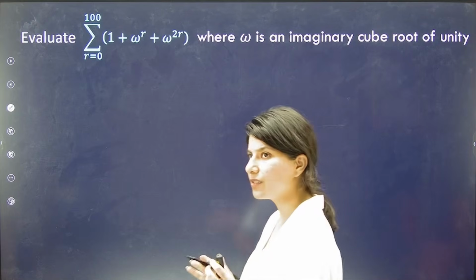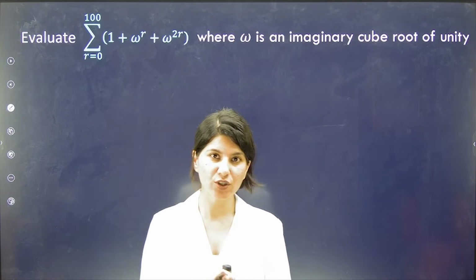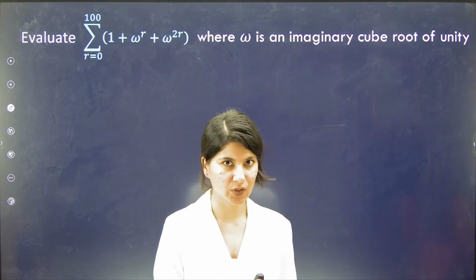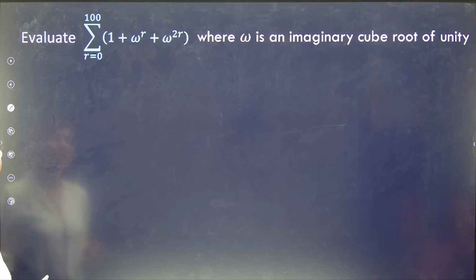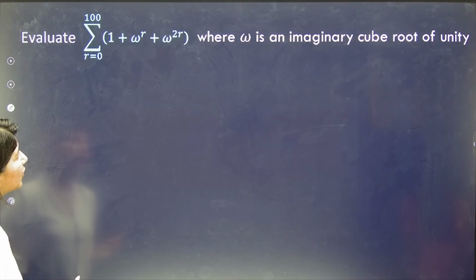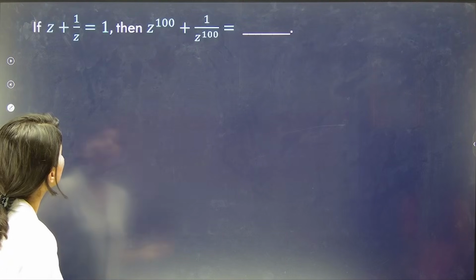Okay, let us do one question on cube roots of unity. Evaluate the sum over r equals 0 to 100 of (1 plus omega power r plus omega power 2r), where omega is an imaginary cube root of unity.